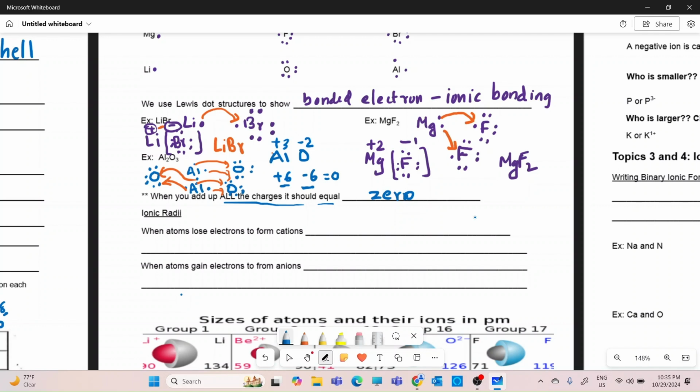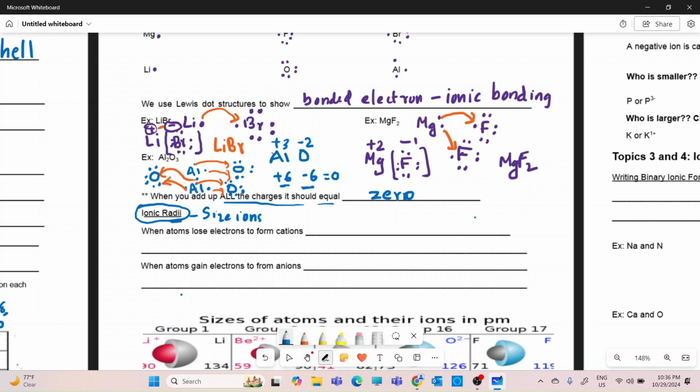Before we go there, let's see the size of ions after removing or gaining electrons. So remember the periodic trends: when we move down, size increases, and moving left to right, size decreases. So here we are going to see the size of the ions.